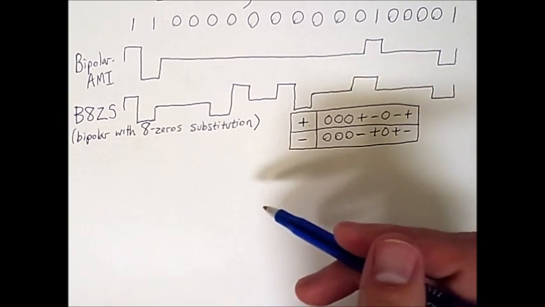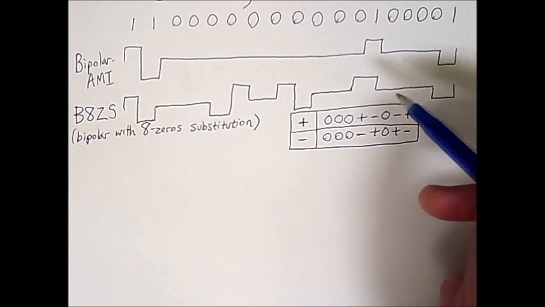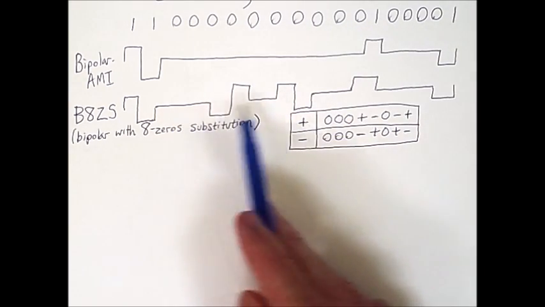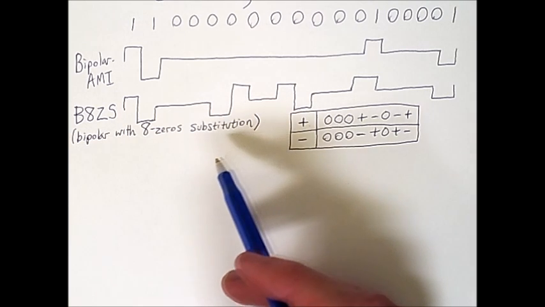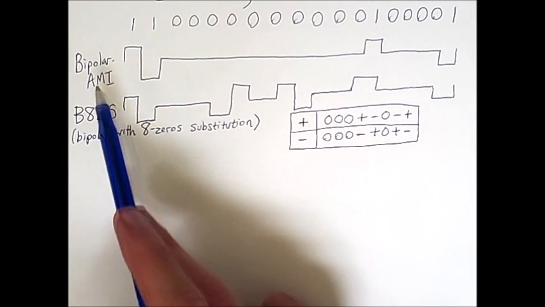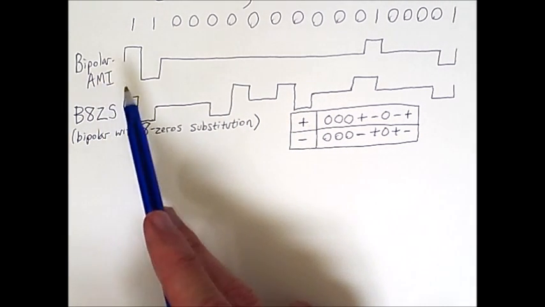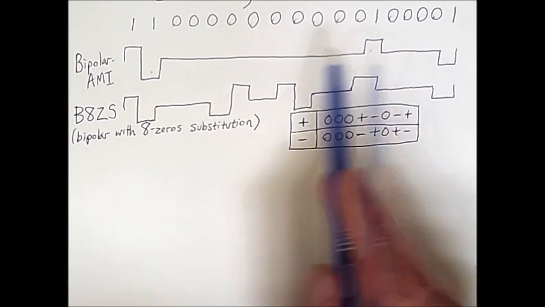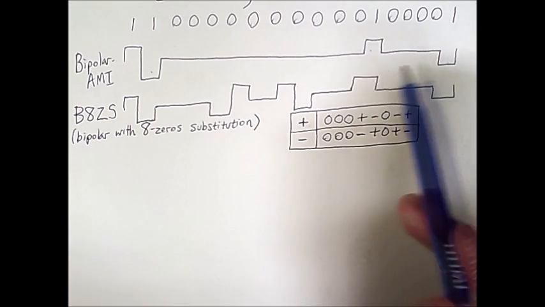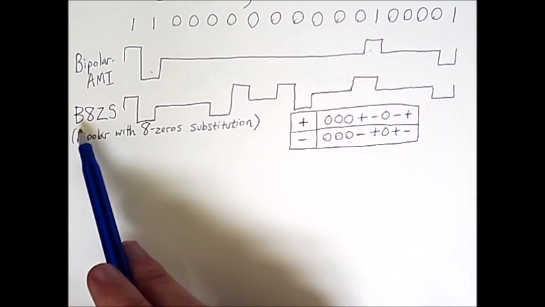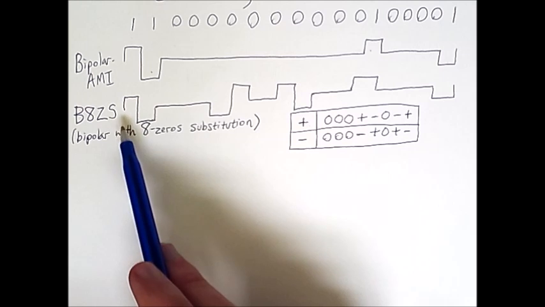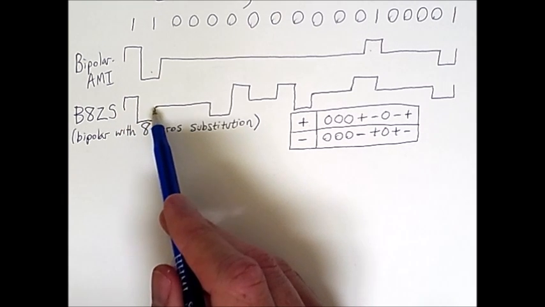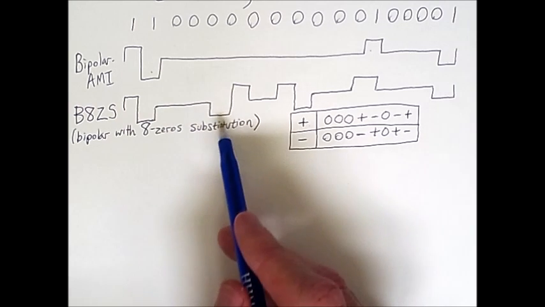Now, the obvious question is, how does the receiver distinguish these fluctuations that are actually encoding zeros from ones? Well, if we remember the rules of bipolar AMI, we'll see that each subsequent one is supposed to have the opposite voltage level of the preceding one. But in the bipolar 8-zeros substitution scheme, we have a 1 encoded with a negative voltage here, and then some zeros, and then a negative voltage again.